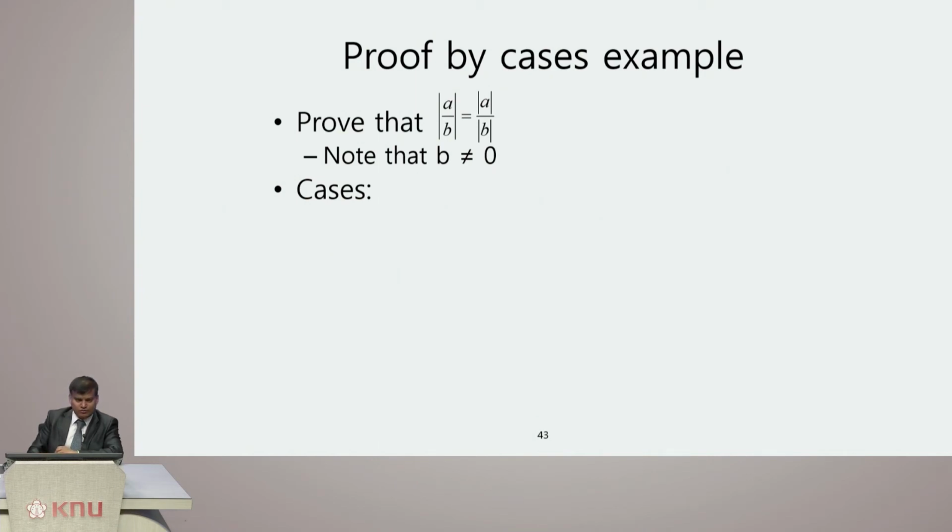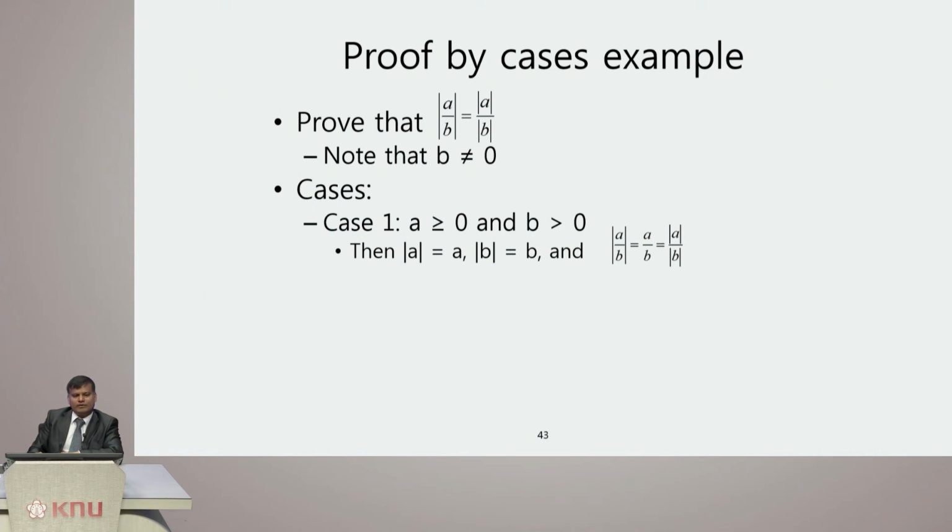So we are asked to prove here that the absolute value of a by b equals the absolute value of a by the absolute value of b. In fact, we are not talking about modulus here, we are asked to prove the absolute values, right? We know that in this case b cannot be equal to 0.